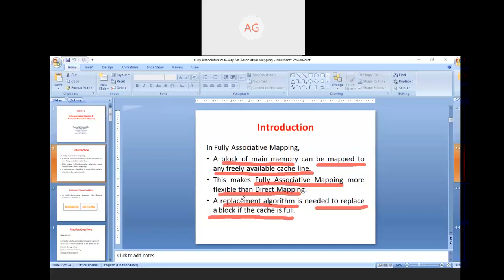In that case we need a replacement algorithm, and we already discussed some of them: FCFS and LRU, meaning first come first serve and least recently used. These are the two major algorithms used to solve questions related to fully associative mapping. So moving to the next slide.